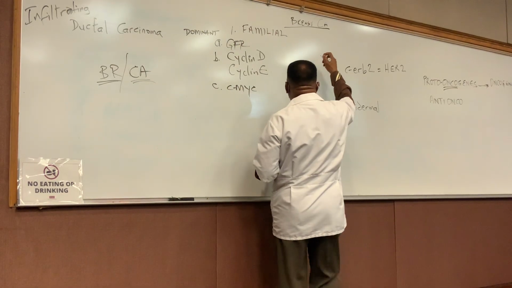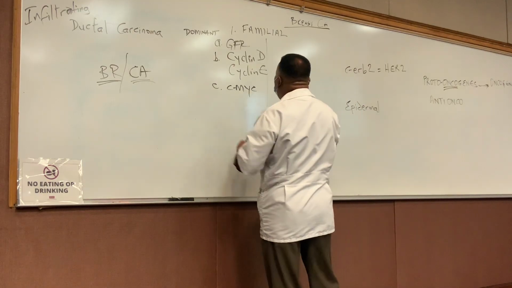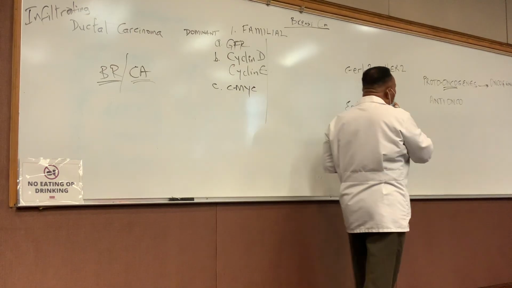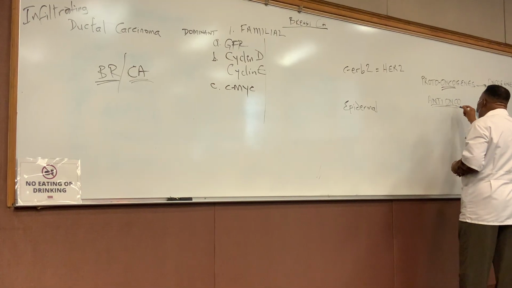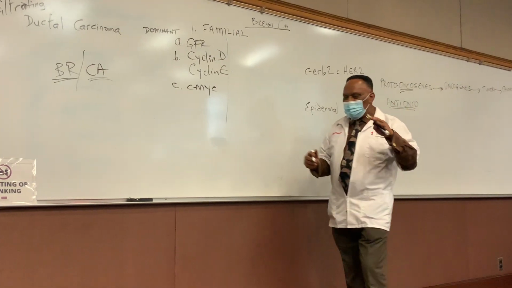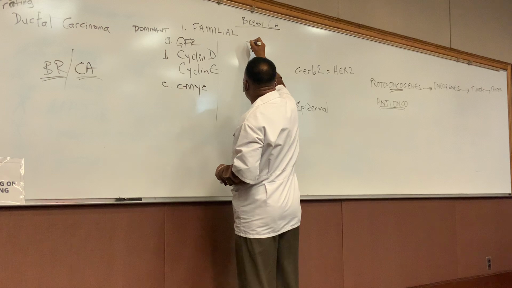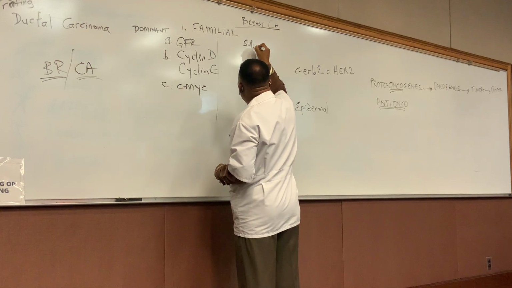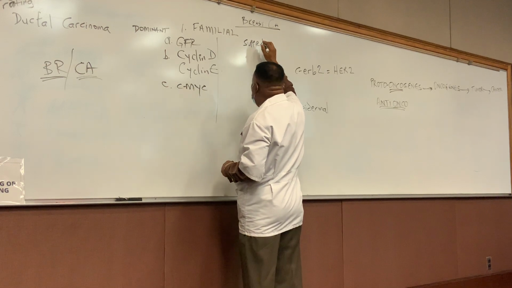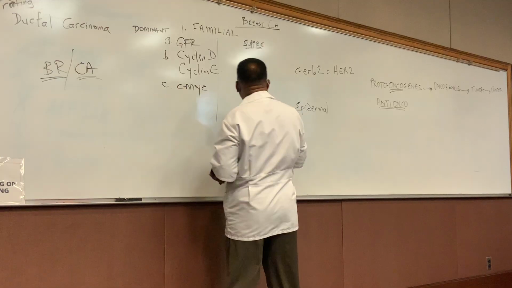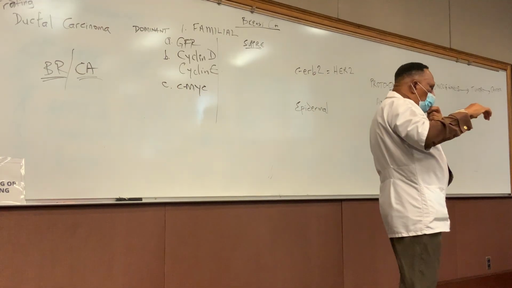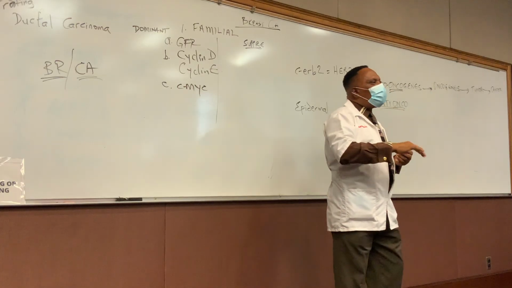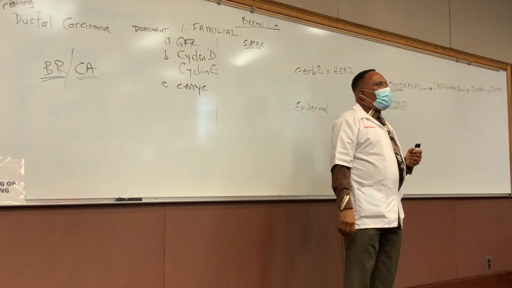Then on the other side, these are the dominants. And if you look at the anti-oncogenes, these are sometimes called the suppressor genes. The suppressor genes tend to suppress the development of breast cancer.